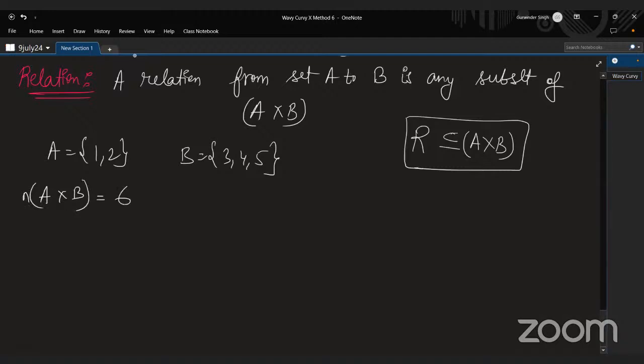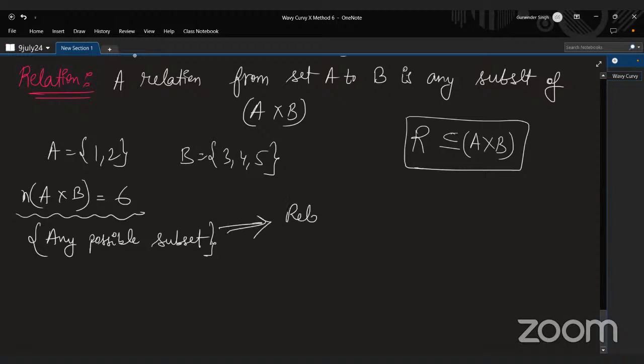So out of that, I can choose any possible subset and it will become my relation. Relation from A to B.